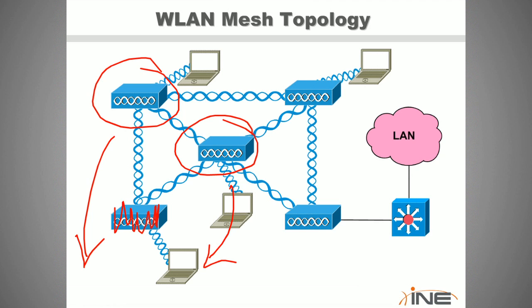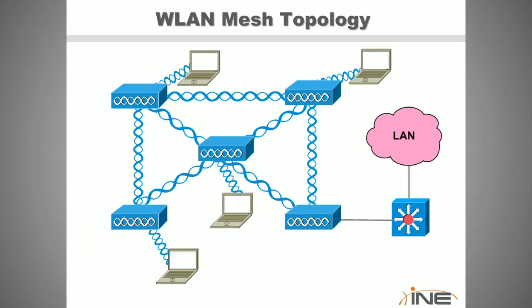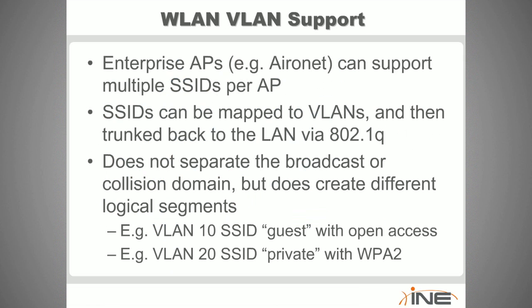So if you have multiple 802.11g radios, it means that we could run one channel between these two guys and then run a second channel between these two guys. And as long as they're non-overlapping channels, then there would not be a problem with the interference between them. So it really depends on the individual platform. Usually this type of setup, as you can imagine, it's pretty expensive to do.